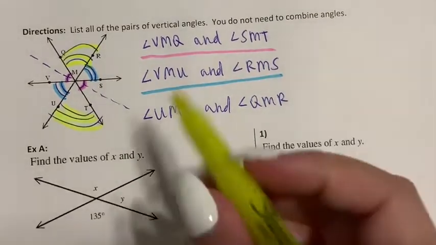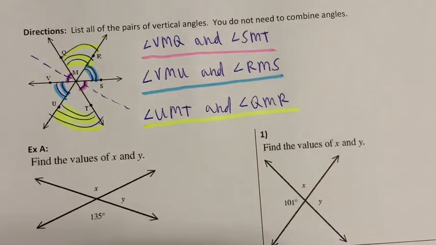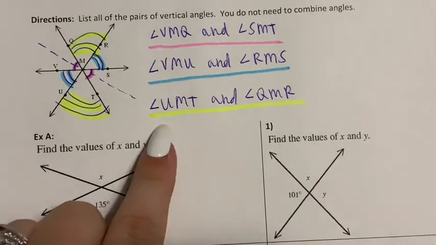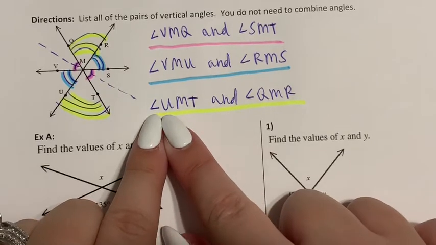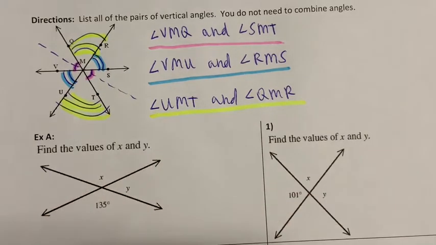Keep in mind, like I mentioned, you can switch the first and the last letter. So this could have instead been TMU. That would be fine, but M has to be in the middle because M is your vertex.